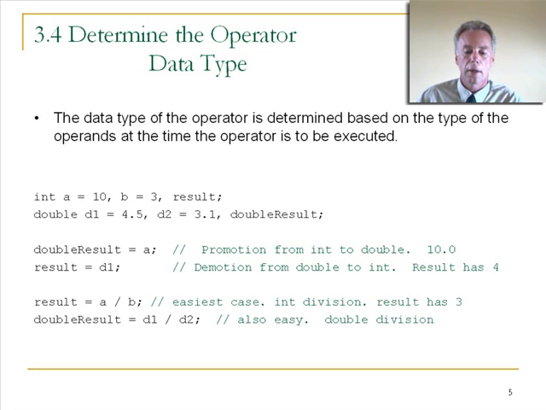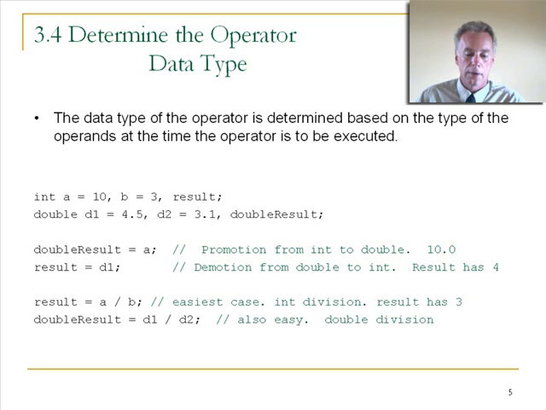This is called an implicit demotion because we haven't explicitly said as the programmer that we want that to happen. This is a little bit risky. If you have data being lost during the execution of the code, you probably should have explicitly said it's okay that that happens. A warning will be generated at compile time telling you that you've written a statement where some data may be lost, and in that case result gets D1. It will compile and it will run, and the value in result will be 4.